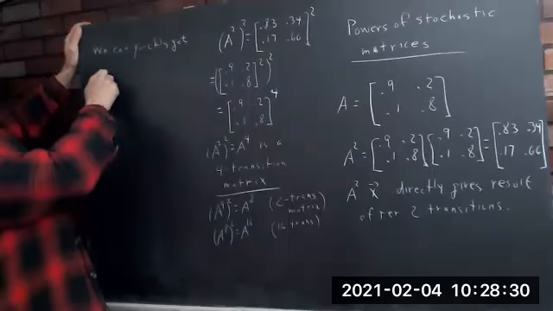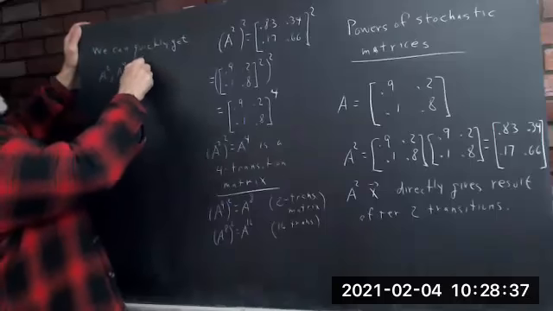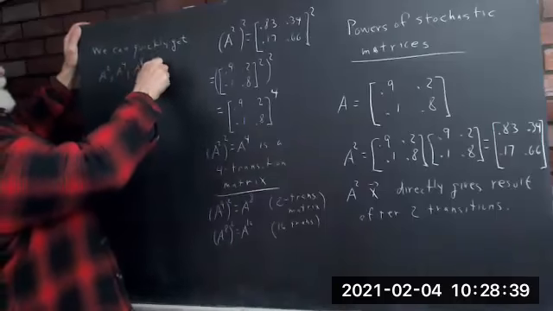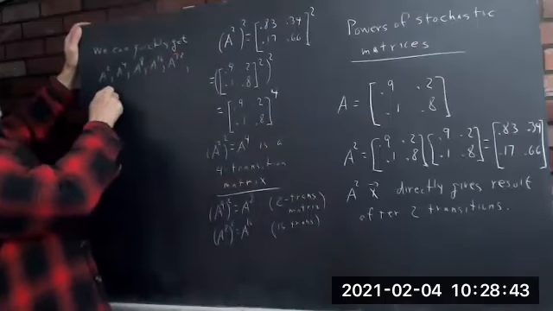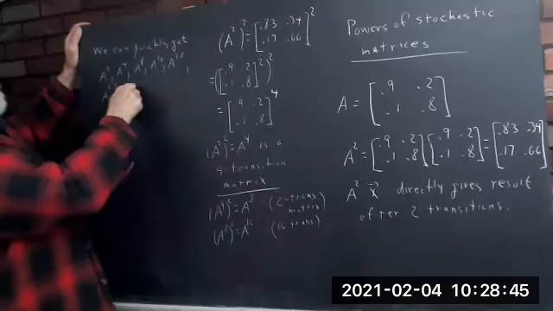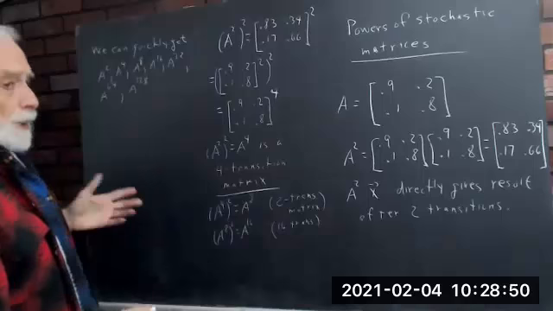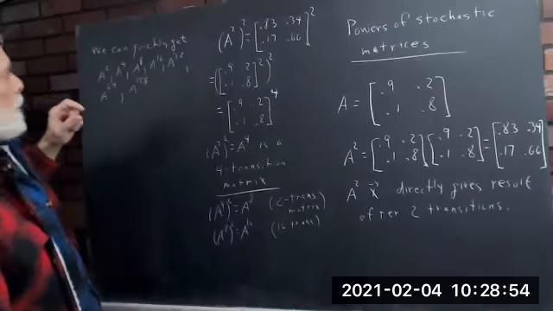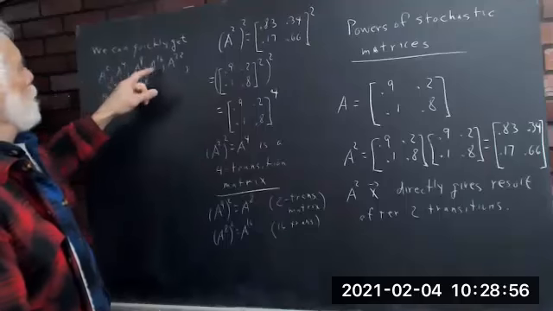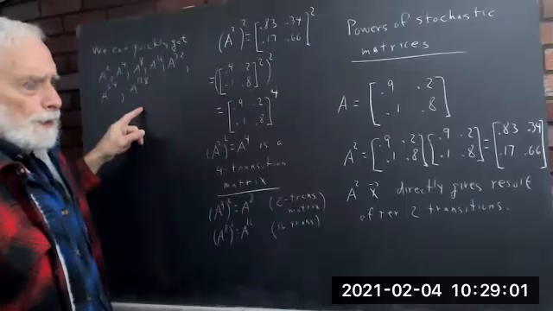So we can quickly get A squared, A to the 4th, A to the 8th, A to the 16th, A to the 32nd, A to the 64th, A to the 128th. Quite quickly, this means we only have to do what? 1, 2, 3, 4, 5, 6, 7 matrix calculations.